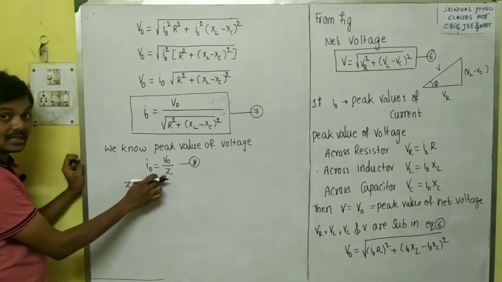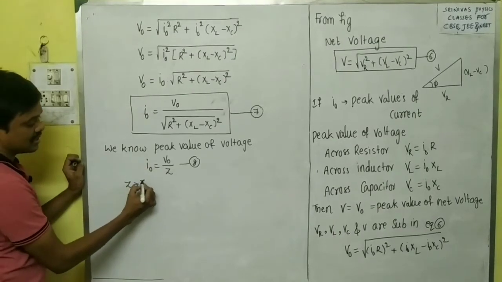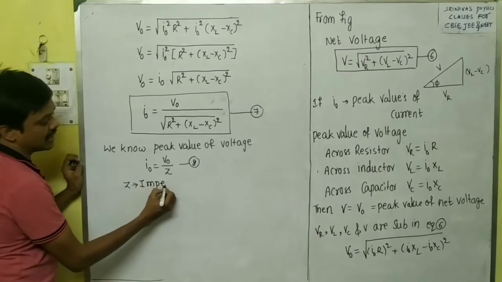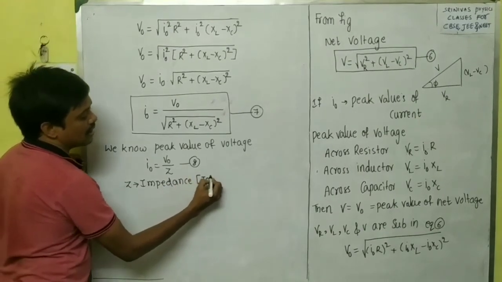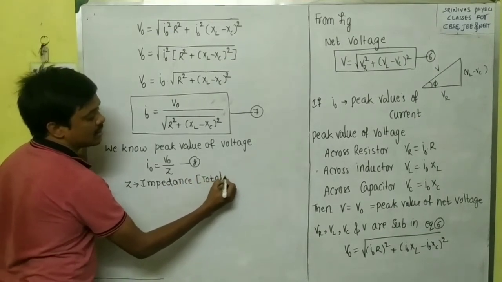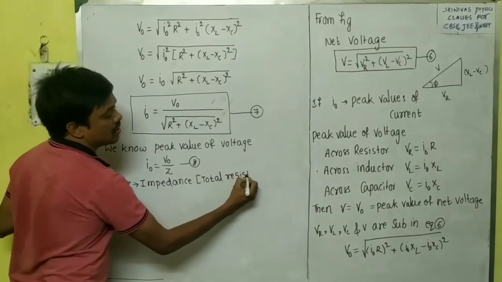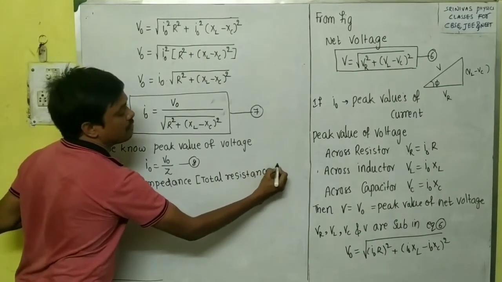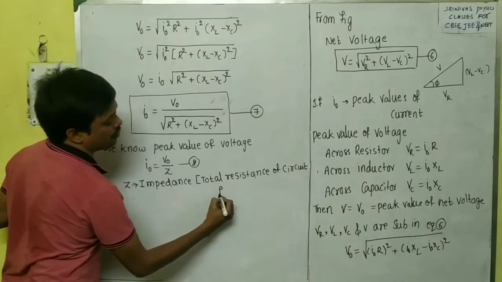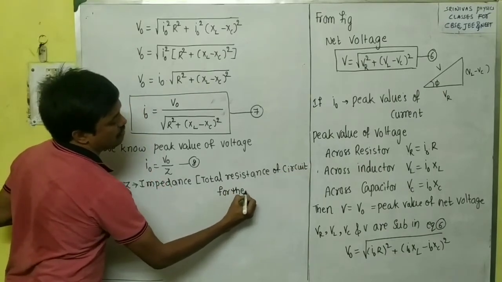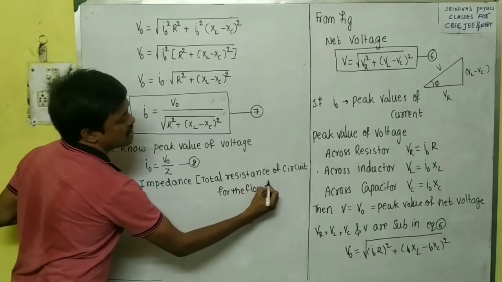Total resistance in an AC circuit is called impedance. Z is called impedance. Impedance means the total resistance of the circuit for the flow of AC.